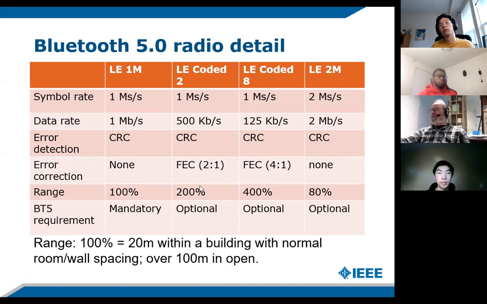So 2 versions of longer range are added in Bluetooth 5, and 1 version of higher data rate at 20% smaller range. That's when you basically double the symbol rate. You change frequencies twice as fast. And you always have a CRC to detect errors.